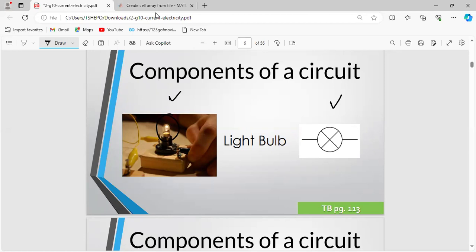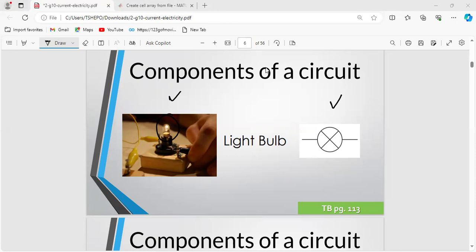At some point, it also converts electrical energy into heat energy. I'm sure you have all tried this. Have you ever touched a light bulb that is connected, and when you touch that light bulb, it feels hot? You know why it feels hot? It's because the light bulb actually converted that electrical energy into heat energy.